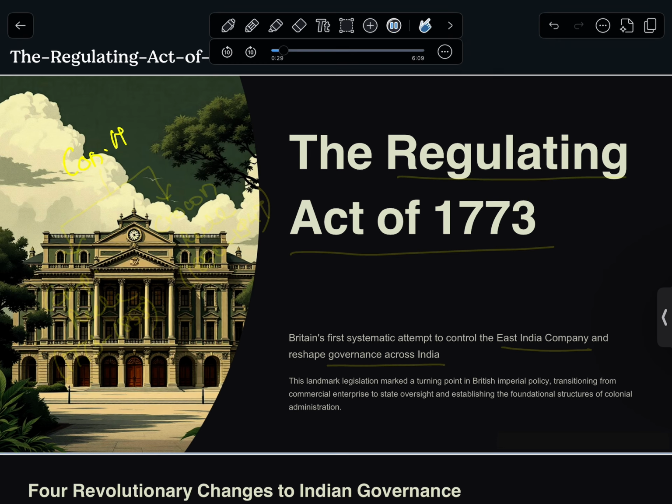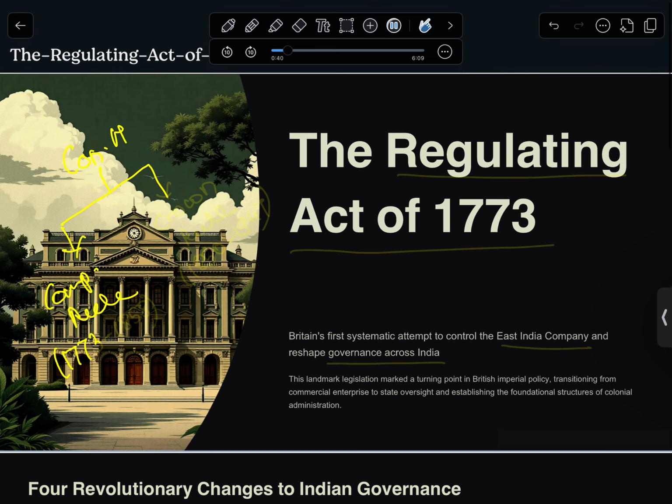The very first one is company rule, which begins with this act, that is 1773, and ends with the Act of 1858. Later on, after the revolt of 1858, the Crown rule started, which starts from 1858 itself and ends in 1947.